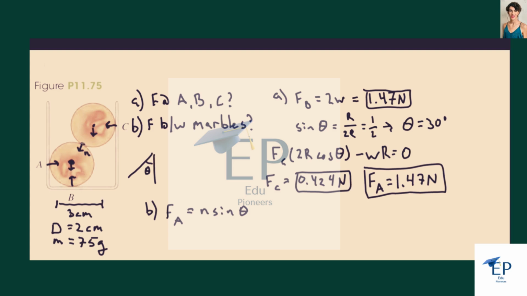And the only two horizontal forces acting on it are the horizontal component of this normal force and F sub A. So then the normal force is going to be equal to 0.848 newtons.